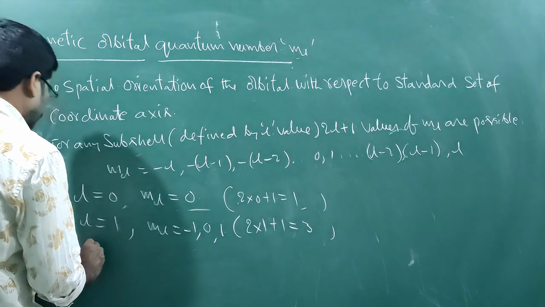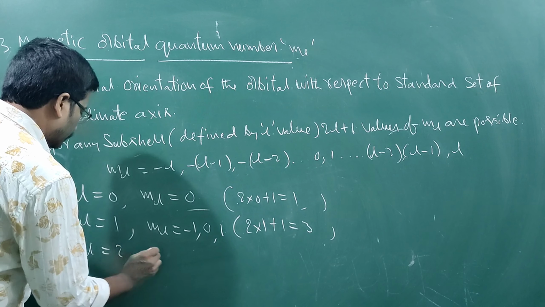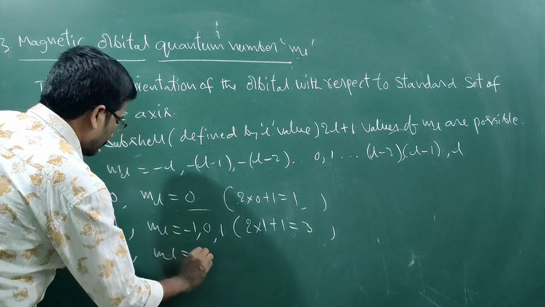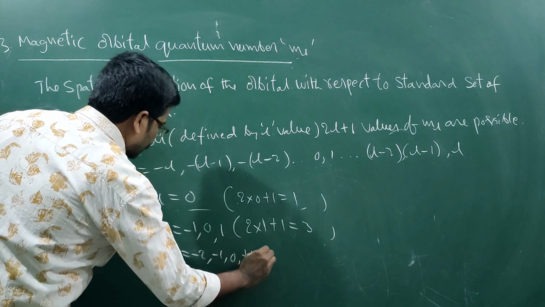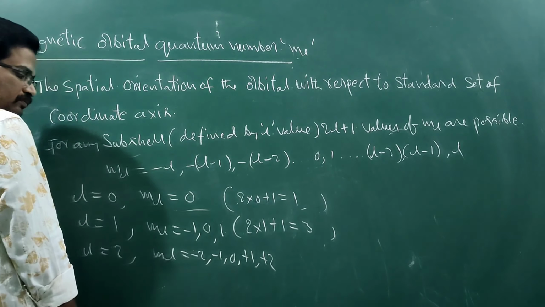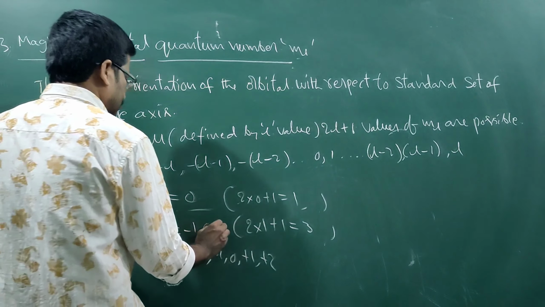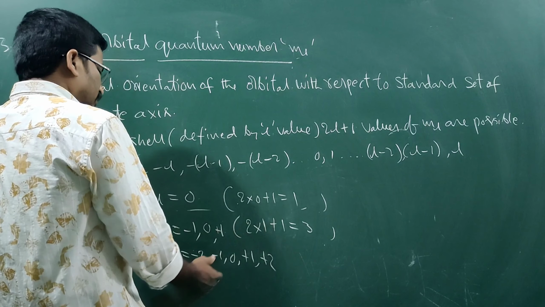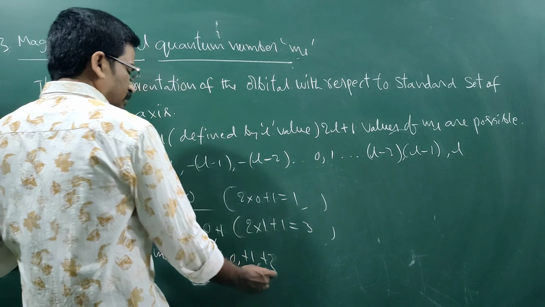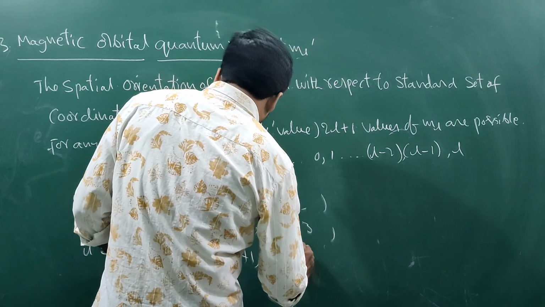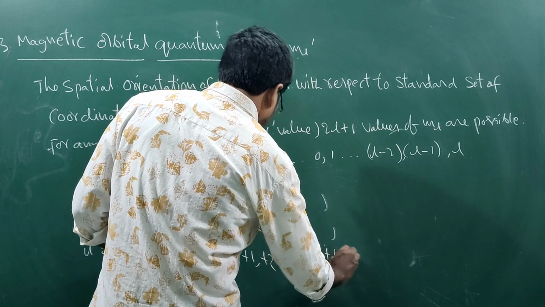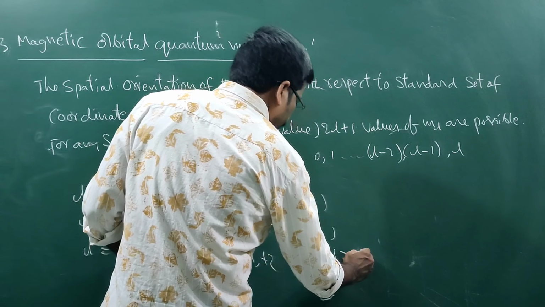Likewise, if L is equal to 2, then the ML values are minus 2, minus 1, 0, plus 1, plus 2. The total number of values is 5; put here 2 into 2 plus 1, which is 5.